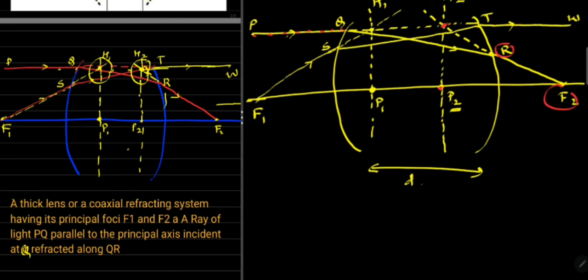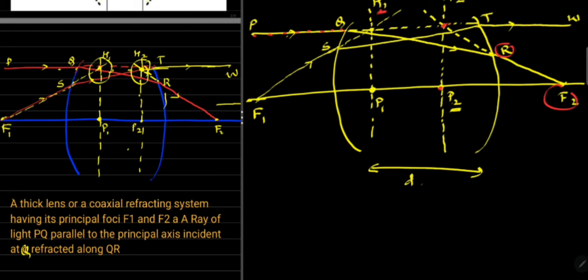Similarly, another ray passes through the first focal point and is incident on the first surface, and then emerges from the second surface as TW. This emerging ray meets at H1. A plane perpendicular to the axis passing through H1 is called the first principal plane.